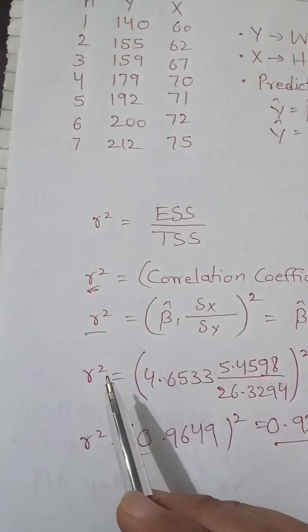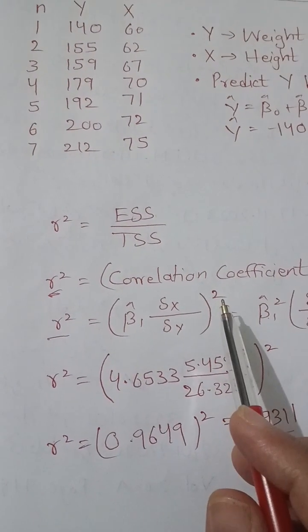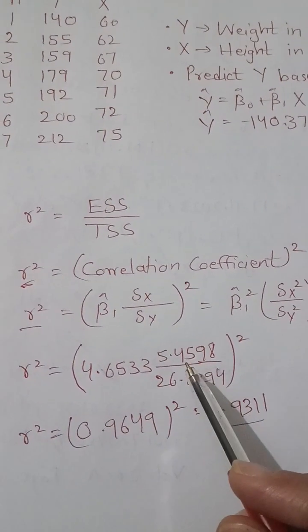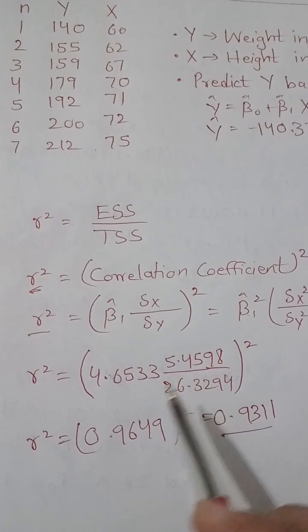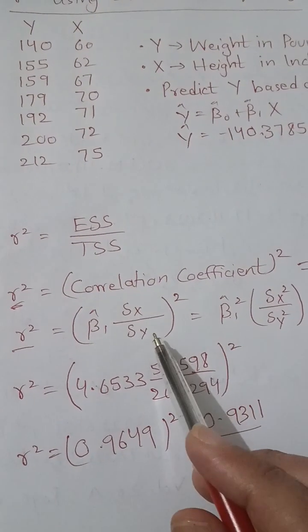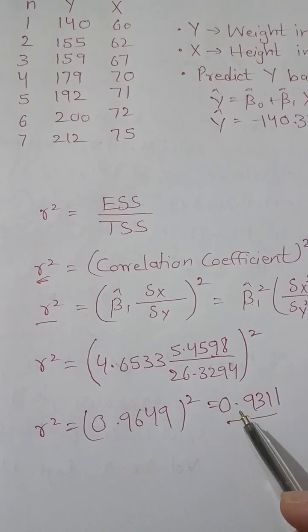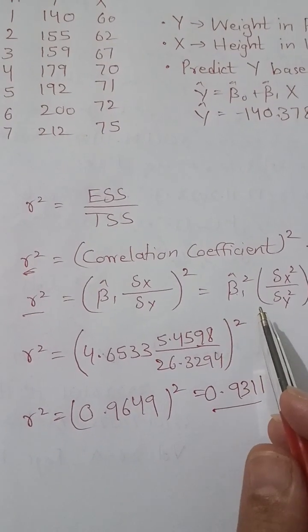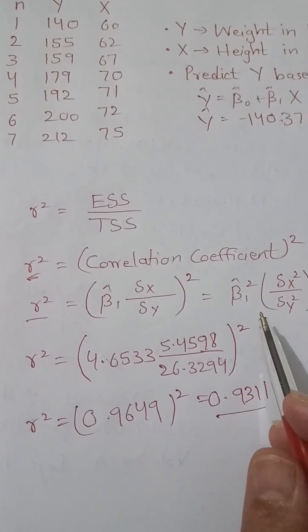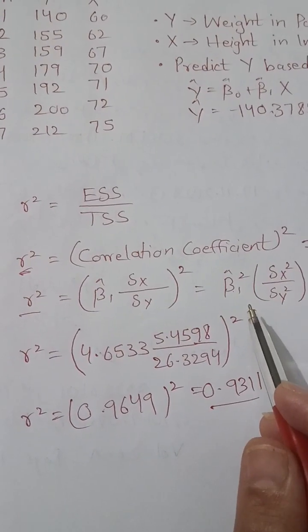But if you do not know the correlation coefficient but you know the sample standard deviations of x and y variables, you can use this formula or this formula. You will get the same answer. But this formula also works only for simple linear regression, not for multiple linear regression. Remember this.